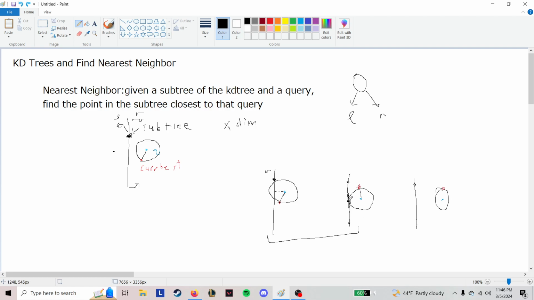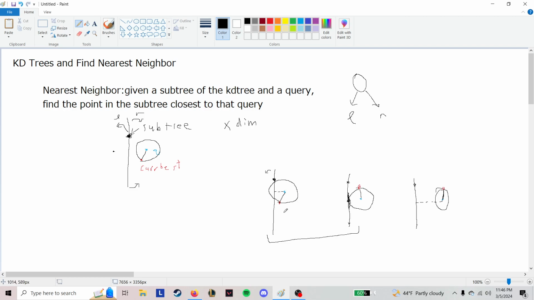If I'm perfectly tangent, then this perpendicular distance is going to be exactly my radius. And if I'm not touching at all, this perpendicular distance is going to be strictly greater than my radius. So I can use this perpendicular distance to calculate whether or not my circle crosses the line. And if it crosses the line, I know that I have to recurse on the other side. So hopefully that made sense.